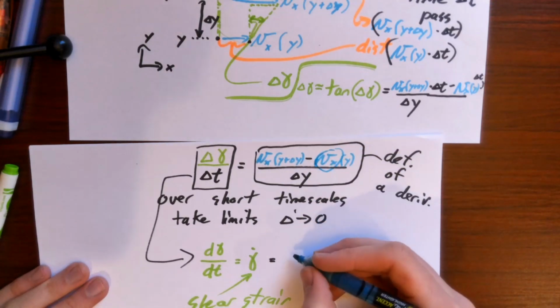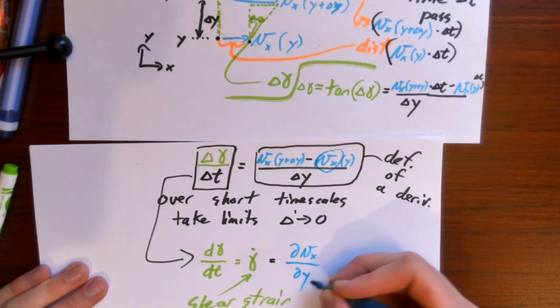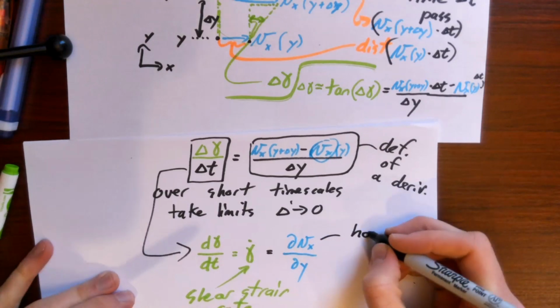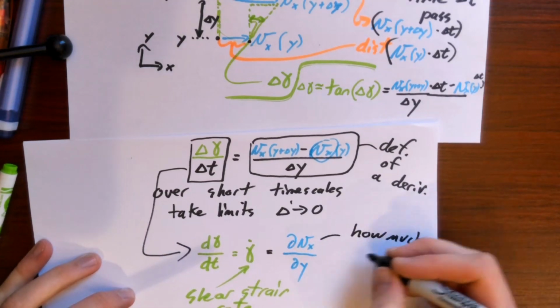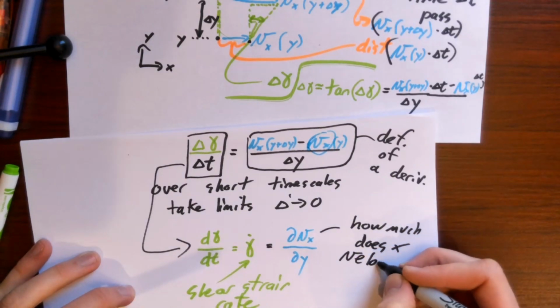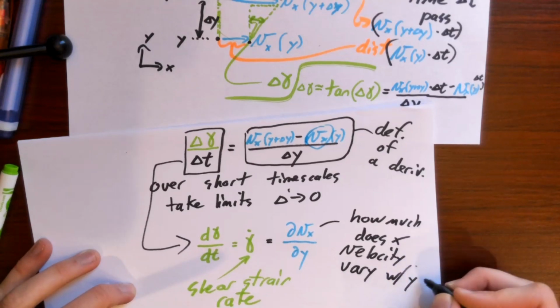So we have a derivative of velocity, a derivative of our x velocity with respect to y. And this basically says how much does x velocity vary with y?